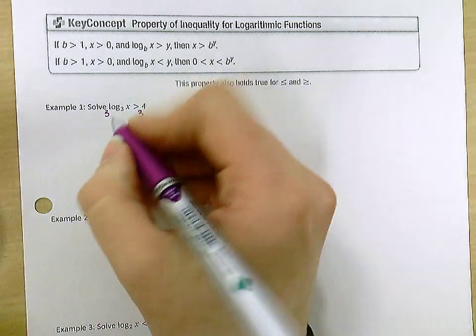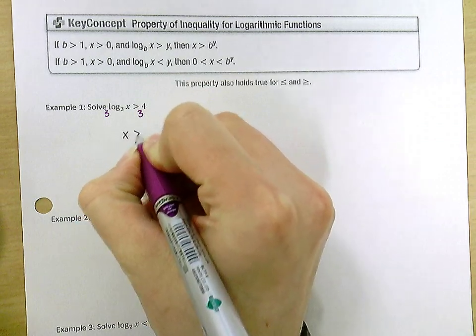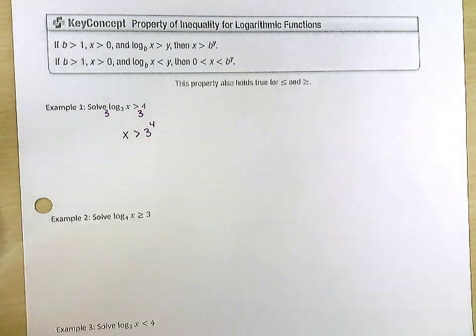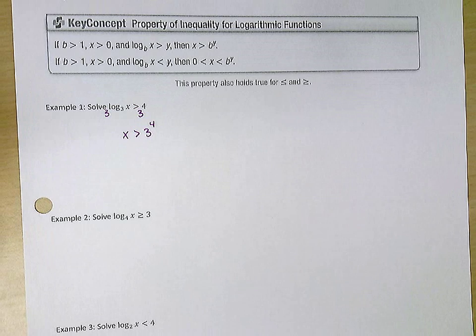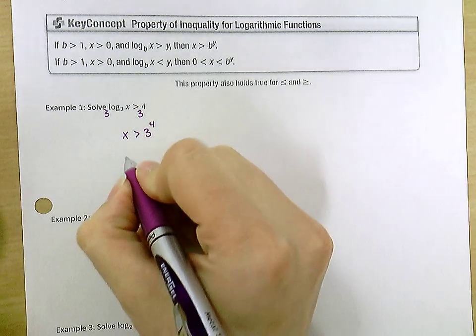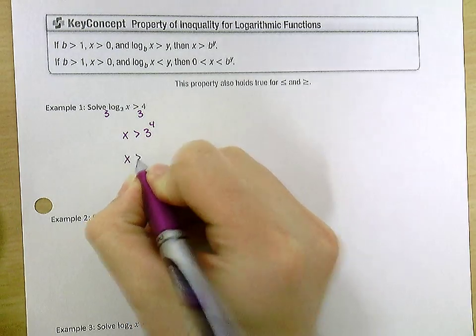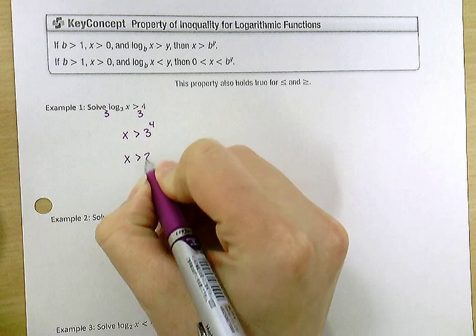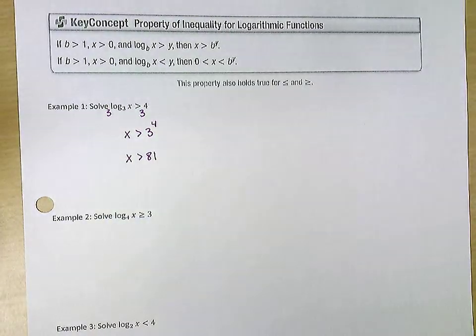Those cancel. You're left with x is greater than 3 to the 4th power. 3 to the 4th power is 81. So my answer for x will be greater than 81.